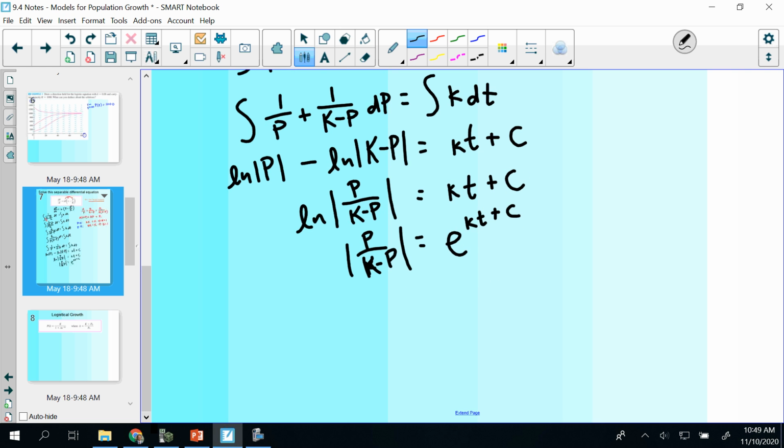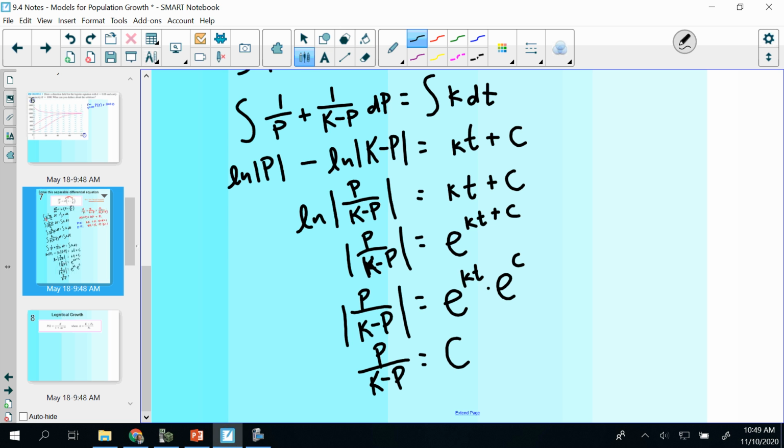Let's do like we did in the exponential one now and separate that out on the right side here. So I'm going to write it as e to the kt times e to the c. And since e to the c is just both our constants here, I can write that as just some other constant.